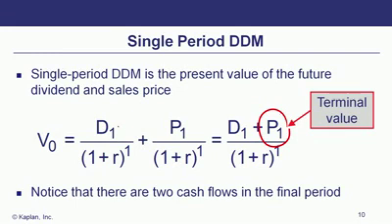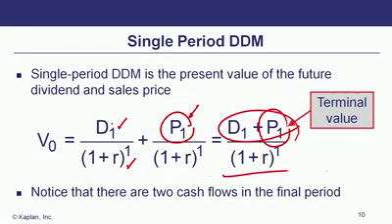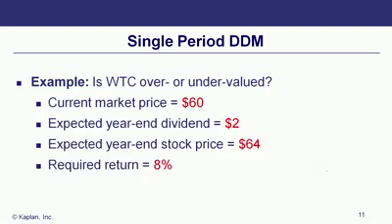So here we have next time's dividend discounted, and then we are told at T1 the price of the stock at that point. Well, if you're a believer in the dividend discount model, that price should be, at that point in time, the present value of all future dividends. So if we include P1, discount it back to today, we have the value of all dividends. Note, there are two cash flows in this final period, so you've got the dividend and the price, discount them both back to today. Absolutely simple version, let's put it into practice.